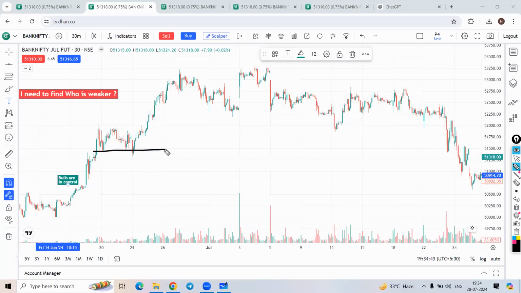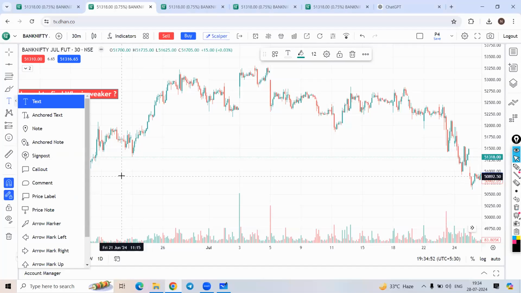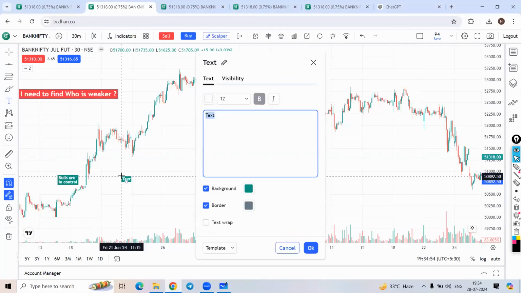So from here at this location, once it is reversing, the process remains very clear. Bears are failing below the consolidation low. 2 days low.